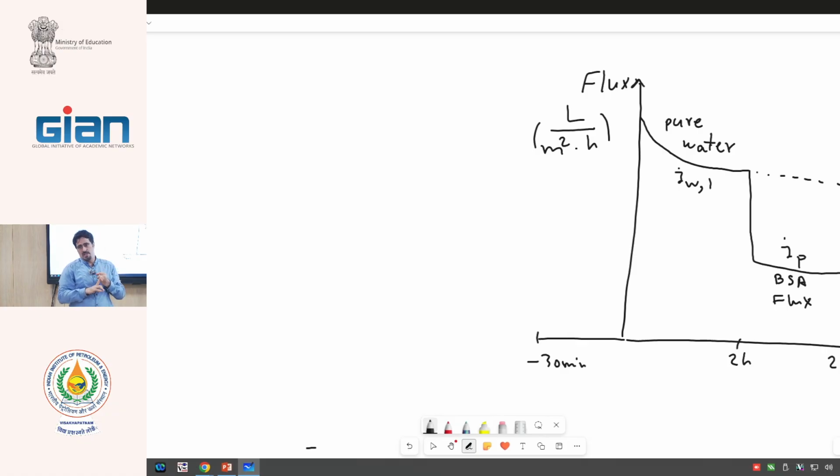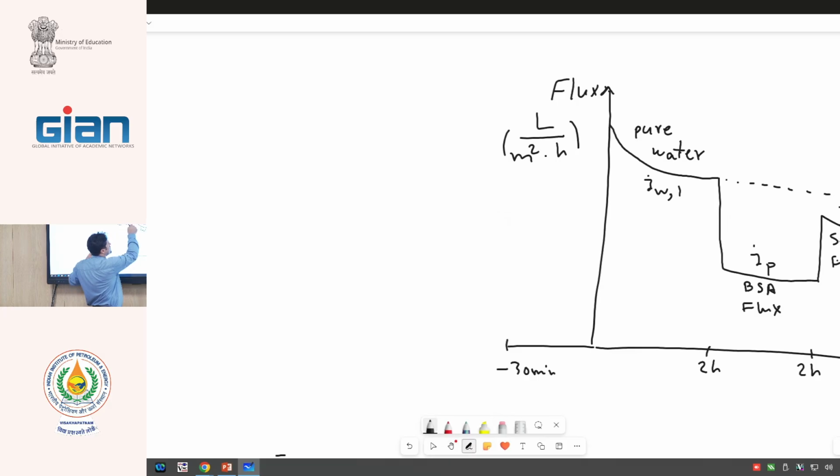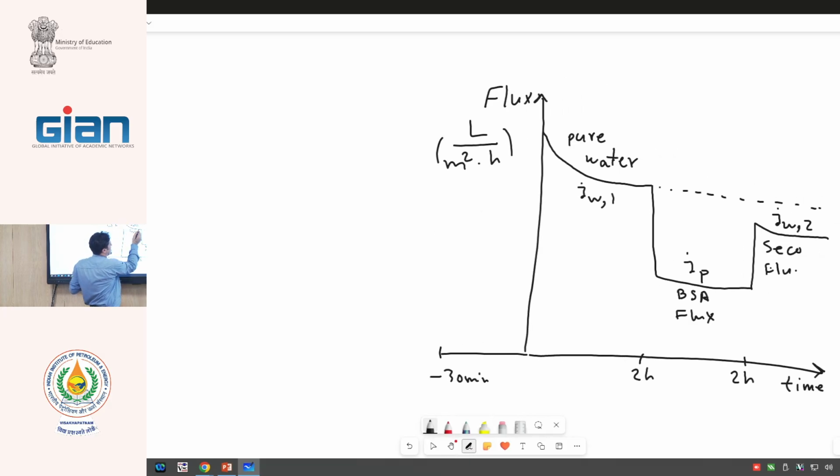If our applied pressure is 2, we use 3 atmospheres for 30 minutes for good compaction. After that, reduce the pressure to 2 and start from this point. But we still have compaction now, and this compaction happens every time. After 10 days, maybe it reaches stability, but we see that here it is sharp, and then reaches the steady state.